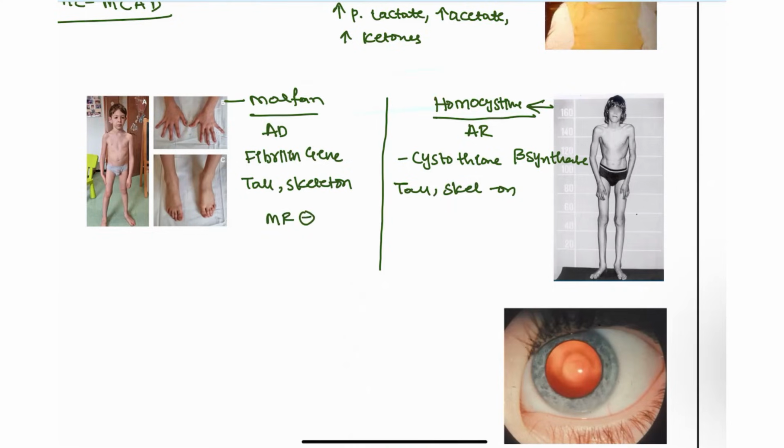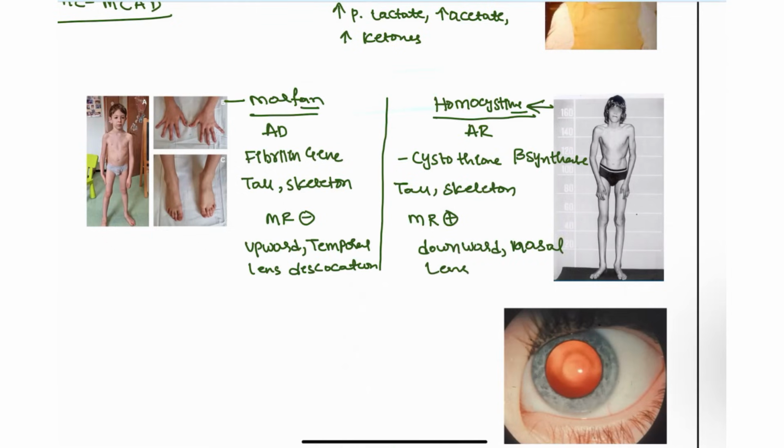In Marfan syndrome, upward and temporal lens dislocation is seen. In homocystinuria, downward and nasal lens dislocation is seen. What about the involvement of the heart?